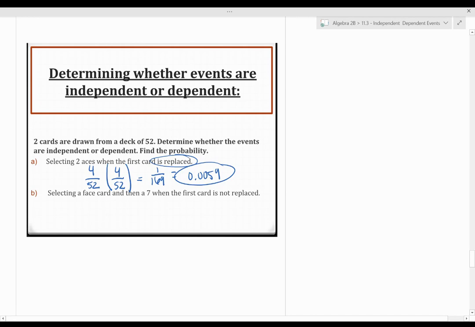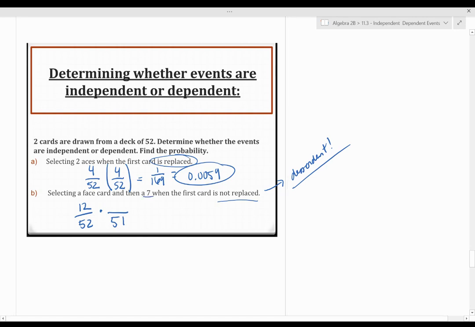All right, B says selecting a face card and then a 7 when it's not replaced. So this would be dependent. So the probability of getting a face card on the first pull, well, there are 12 total face cards, 3 of each suit, and there's 4 suits. And if I'm not putting that face card back when I go to pick my next card, it means there's only 51 cards remaining.